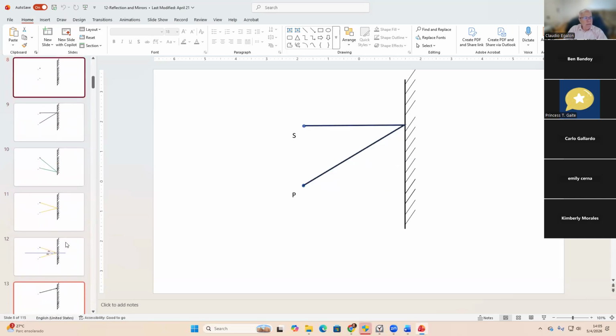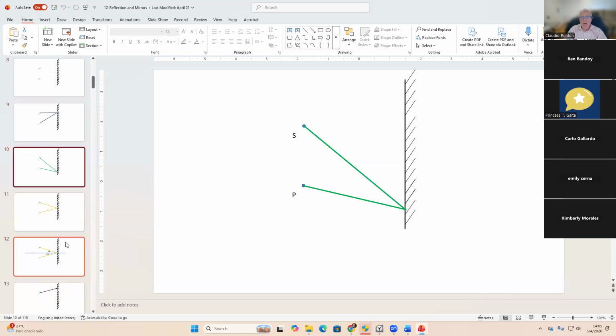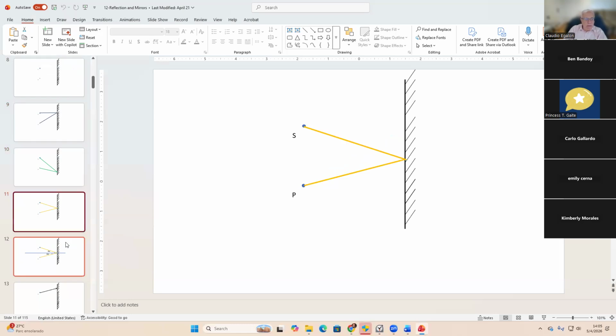But nature doesn't choose this path. Nature does not choose this other path either. Light rays, or nature, choose this path that is stated according to that law.